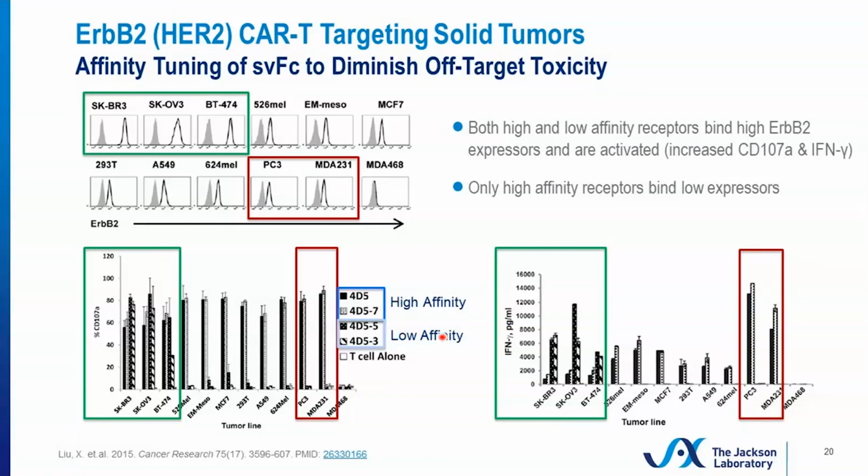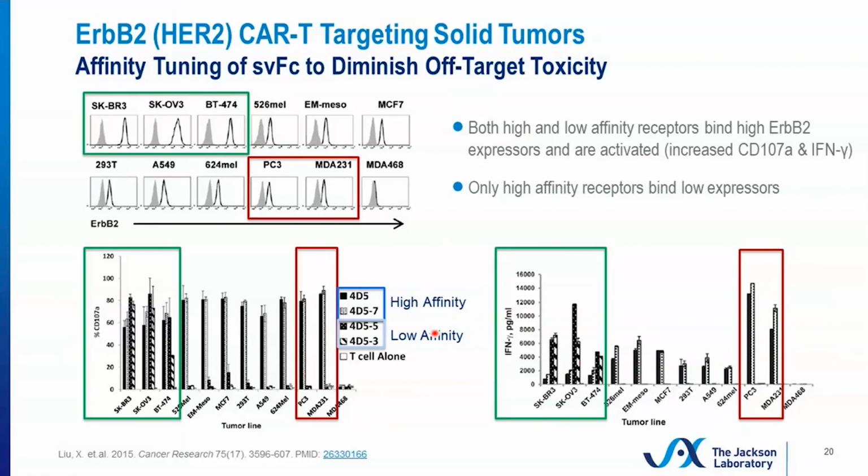And what they found is both the high and the low affinity versions bound to the high expressors. And they assayed this by mixing them in culture and measuring the response of these CAR Ts by their activation responses by releasing or upregulating CD107 or releasing interferon gamma. So they did it in two different assays and found the same thing.